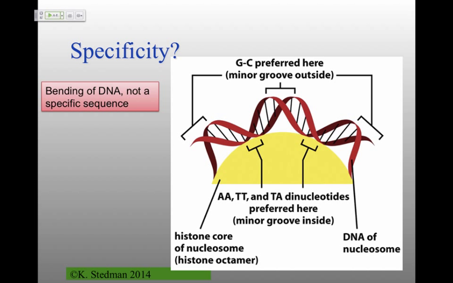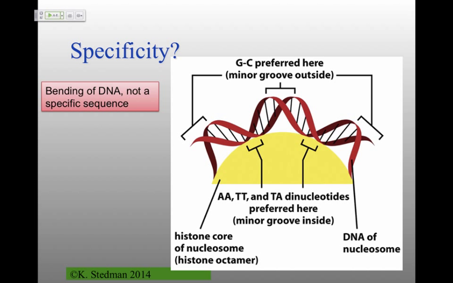So basically what this means is, if you have a stretch of about 150 nucleotides where you've got AT base pairing about every 10 nucleotides, because you remember it's 10 nucleotides per turn in your normal DNA, that particular 150 nucleotides is going to be better at binding nucleosomes than, say, a piece of DNA that doesn't have AT residues every 10 nucleotides. So you get a little bit of binding, but again, it's binding of a structure, not a particular sequence, which is what the nucleosome is interacting with.